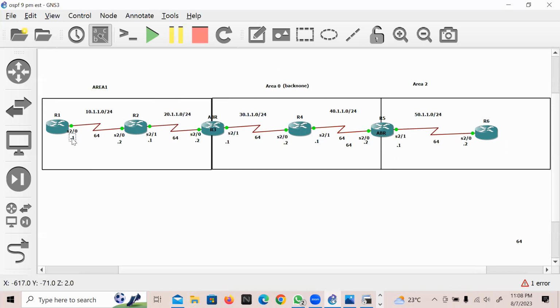If you are getting any problem in understanding, on one side you can add the full IP, and on the second side you can put 0.2. So you will understand: 10.1.1, 10.1.2, and this is 20.1.1.